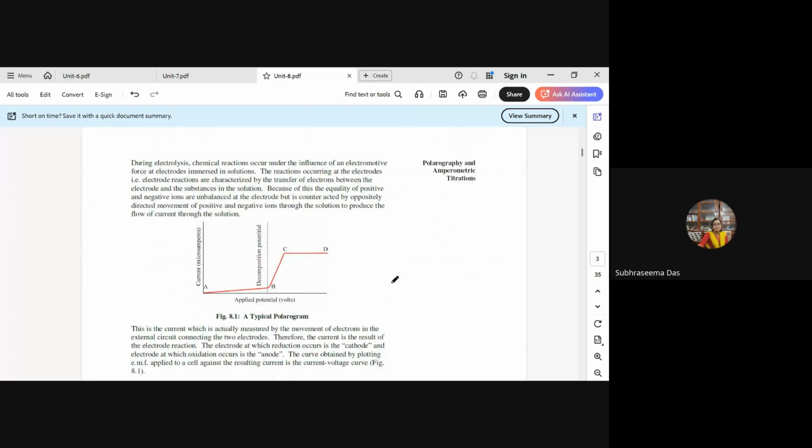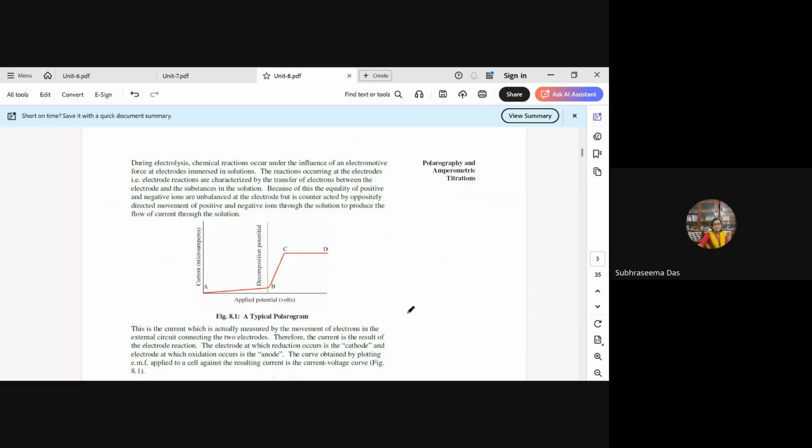During electrolysis, chemical reactions occur under the influence of an electromotive force at electrodes immersed in solutions. The reactions occurring at the electrodes, that is electrode reactions, are characterized by the transfer of electrons between the electrode and the substances in solution.